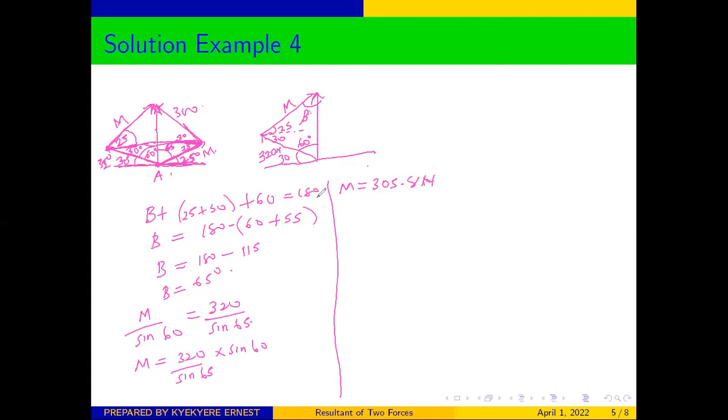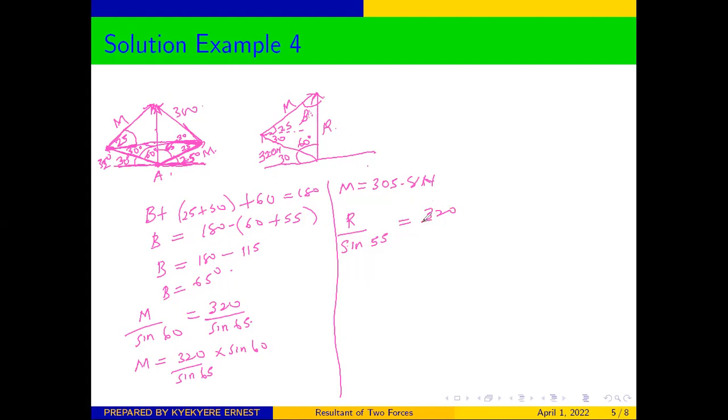Good. We are also asked to find the magnitude of the resultant. So in this case, this will be our resultant. We know the angle here, which is facing the resultant, and we know this side and the angle here. So we can as well get that. We can say that R over the opposite angle, which is 25 plus 30, which will give us sine 55, will be equal to what you have been given, which is 320 over the opposite angle, which is beta.